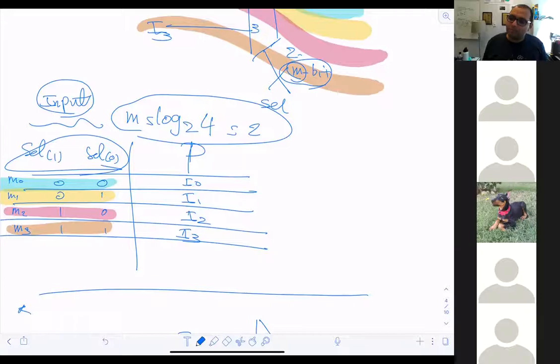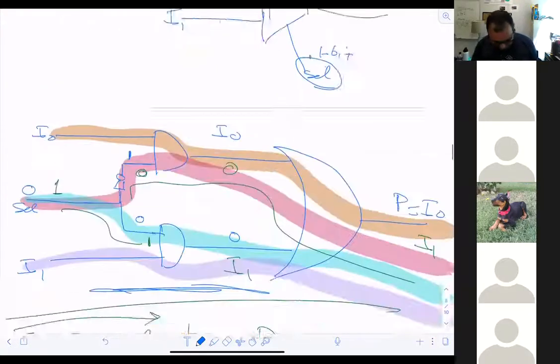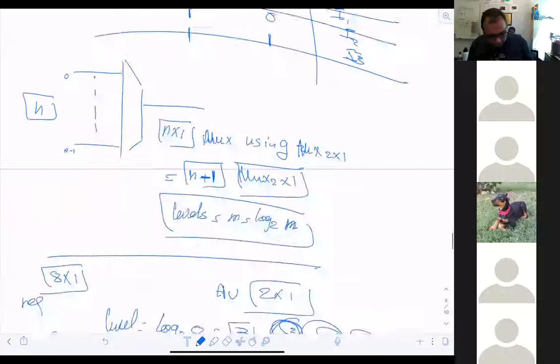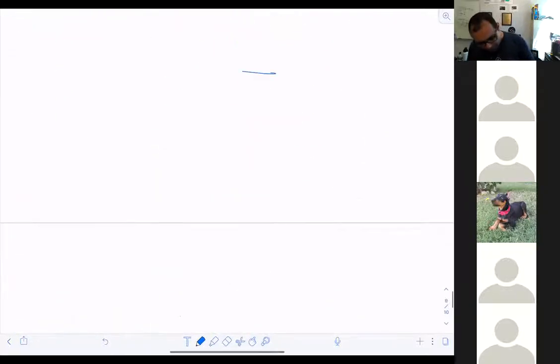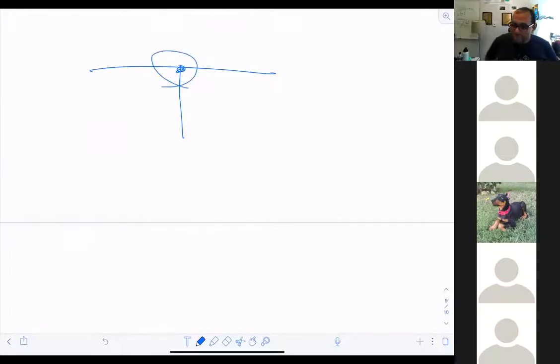Interesting. So basically, I can tell you literally what a multiplexer is. For you in the circuit, you did it like this, right? This is the multiplexer. This is your node in the digital logic. Okay, any other questions?